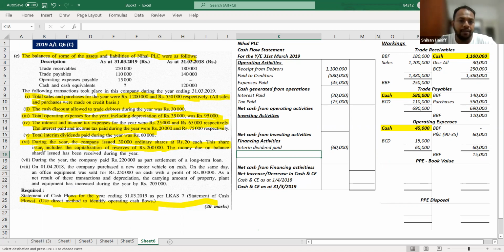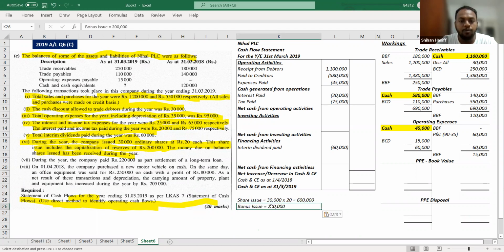The money due on the balance of the share issue has been received during the year. 30,000 shares at 20 rupees. So how much? 30,000 into 20 is 600,000. That's the total share issue. This includes capitalization of reserve, bonus. So how much is bonus? 200,000.